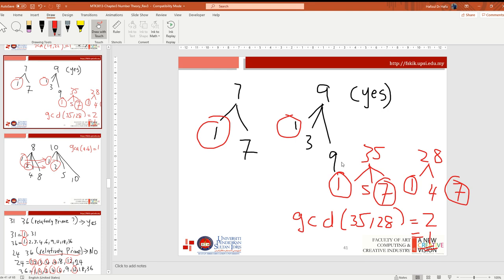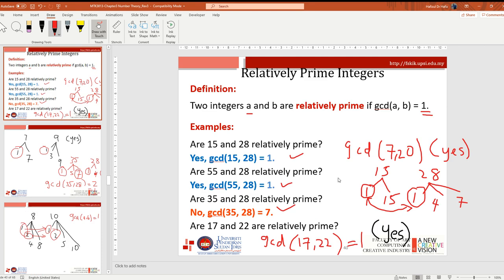Sorry, this one is not prime. A prime cannot be divided by 2. 1 and 7, and then we got 1, 5, 7. The earlier one, 1 and 7 only. 2, 4 is not a prime.